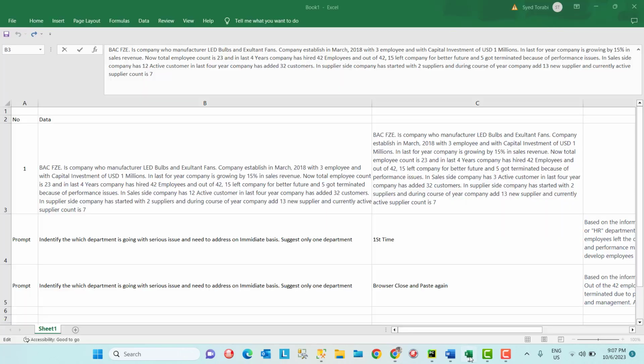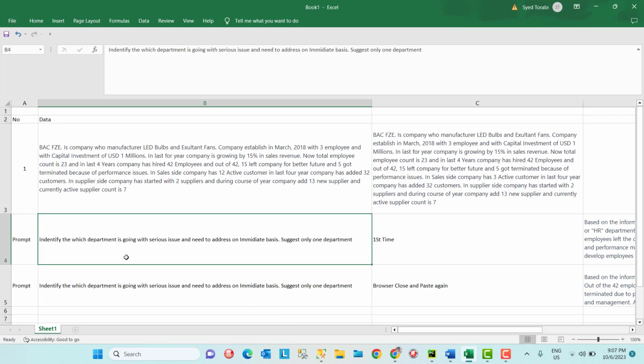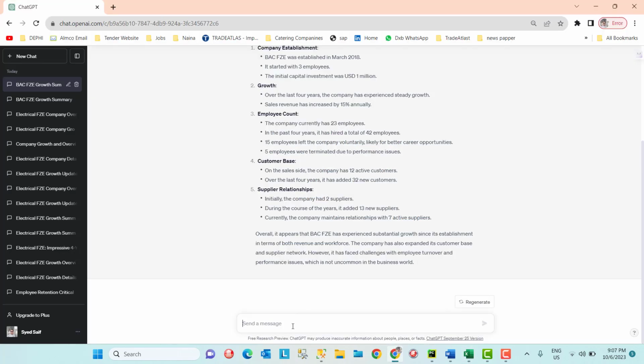So I created a prompt saying identify. Let me type it and then I can read. Identify which department has a critical issue and needs to be addressed on an immediate basis. Suggest only one department.